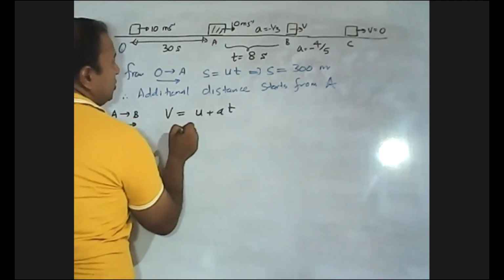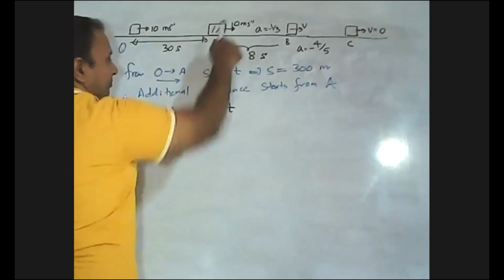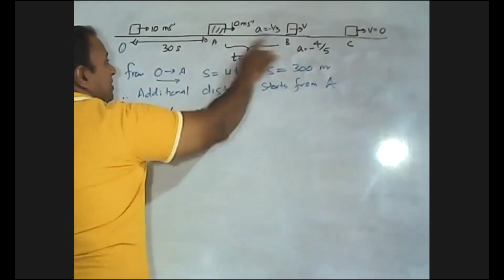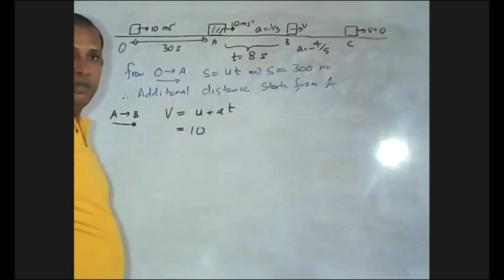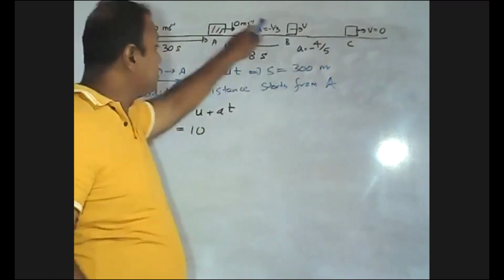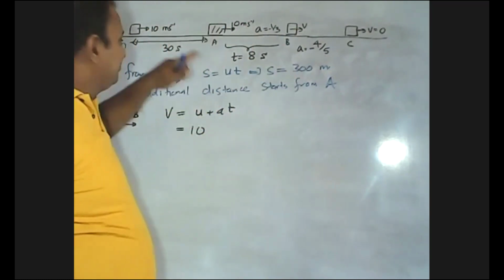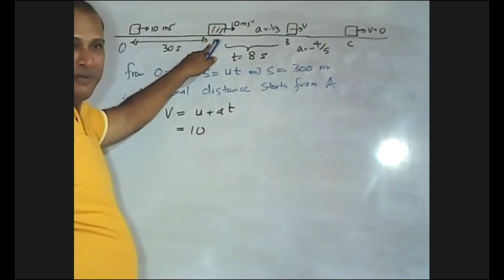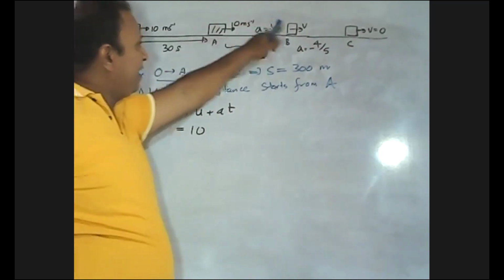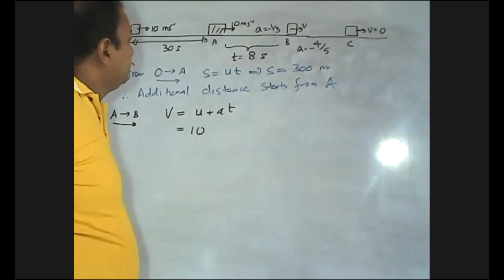So velocity u means 10. Here u means initial velocity. If you consider the A to B section, the initial velocity is this one. The final velocity we don't know.